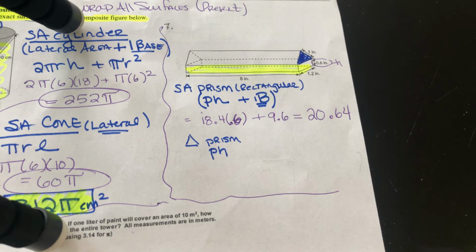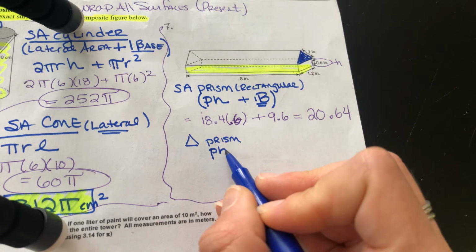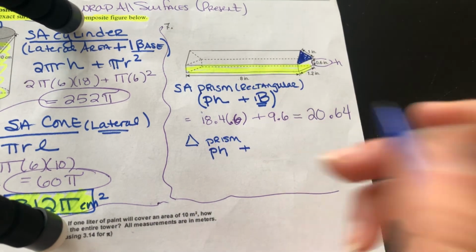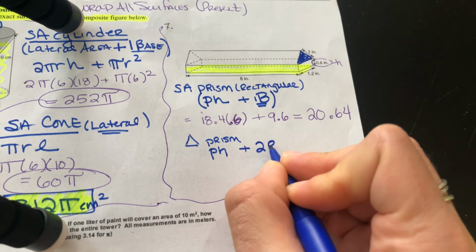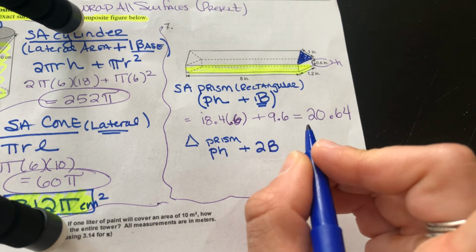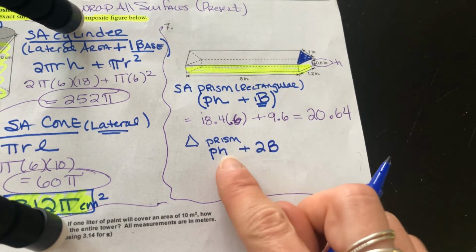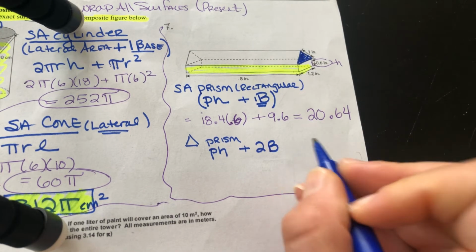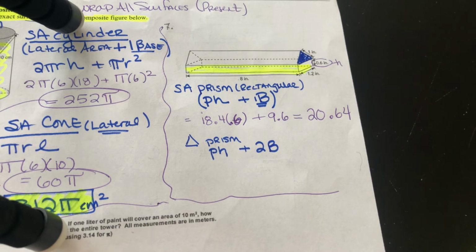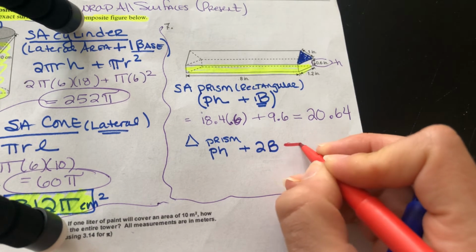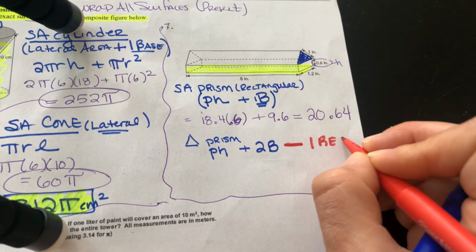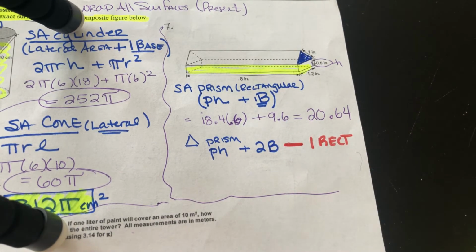Okay? So we have perimeter times your height plus now how many bases do you have? Since I made that my base, I do actually have 2 bases. However, when you calculate this, it's calculating everything. So what you're going to have to make sure you're doing, and again, you can figure out other ways to do it, but you have to make sure that you then get rid of one of the rectangles and make sure you're getting rid of it correctly.